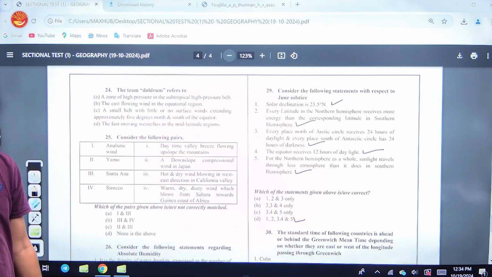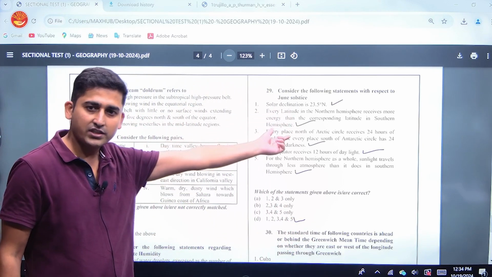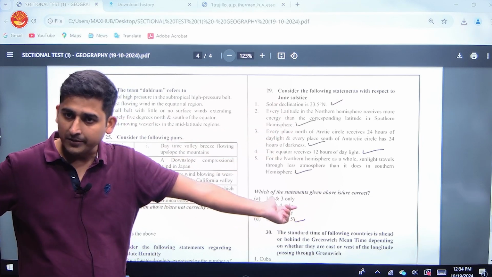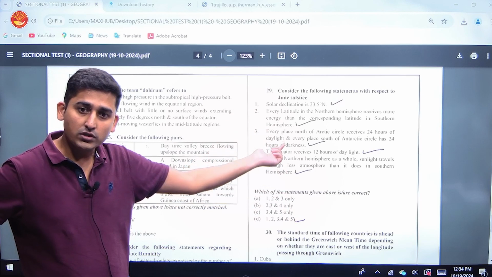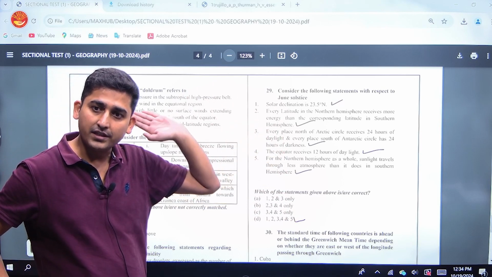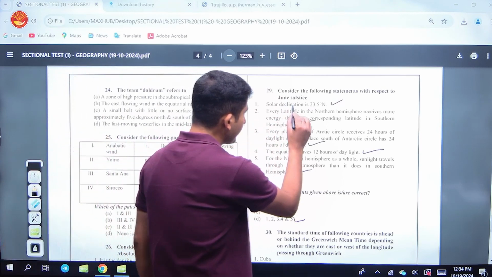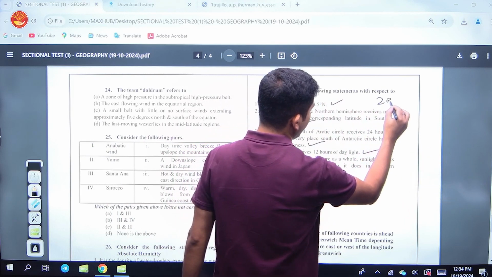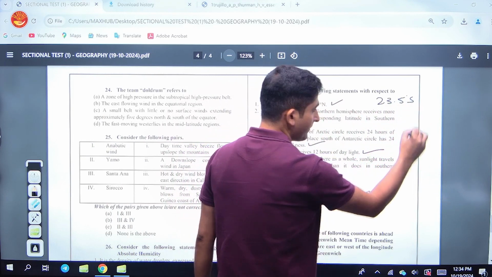I want you guys to take note of this. Write June solstice, and under June solstice mention all these things. The same applies for December solstice, but solar declination on December solstice is 23.5 degree south.